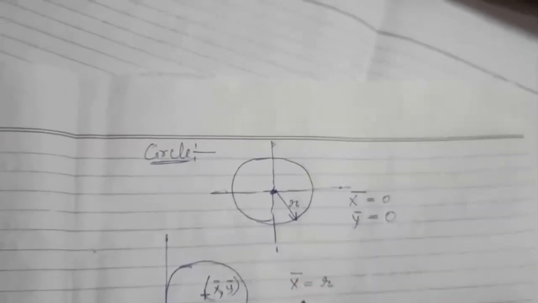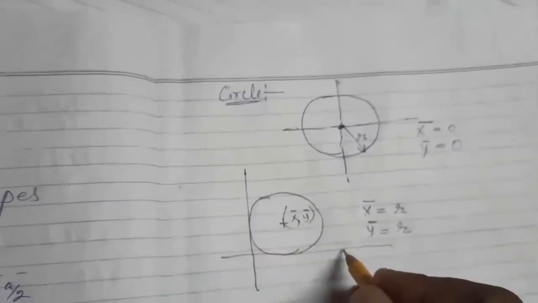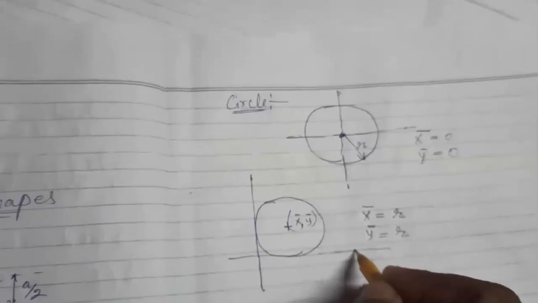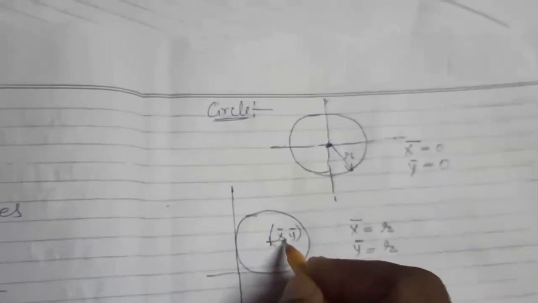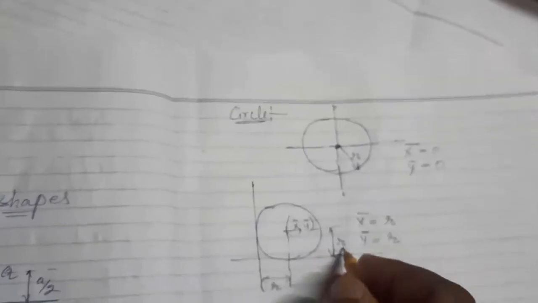So here x bar will be equal to r and y bar is equal to r, because now the reference lines are these and this is the centroid. This is r, this is x bar and this is y bar.